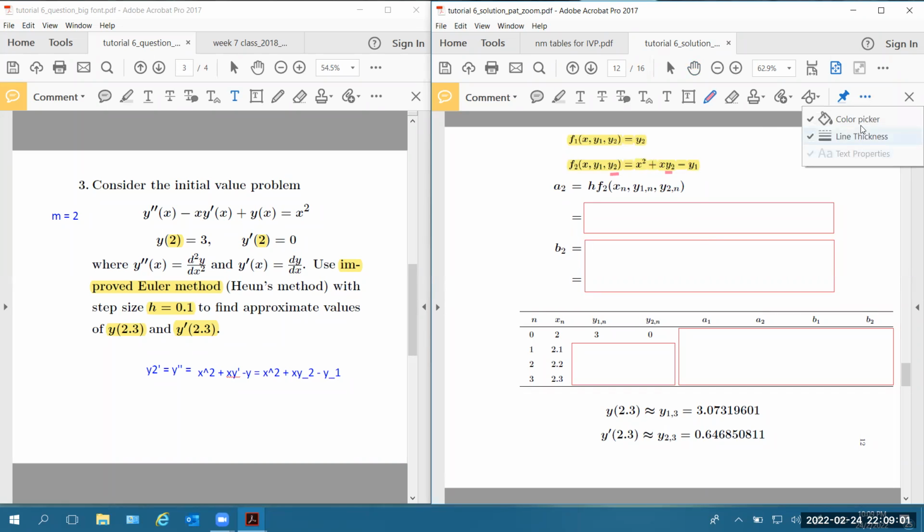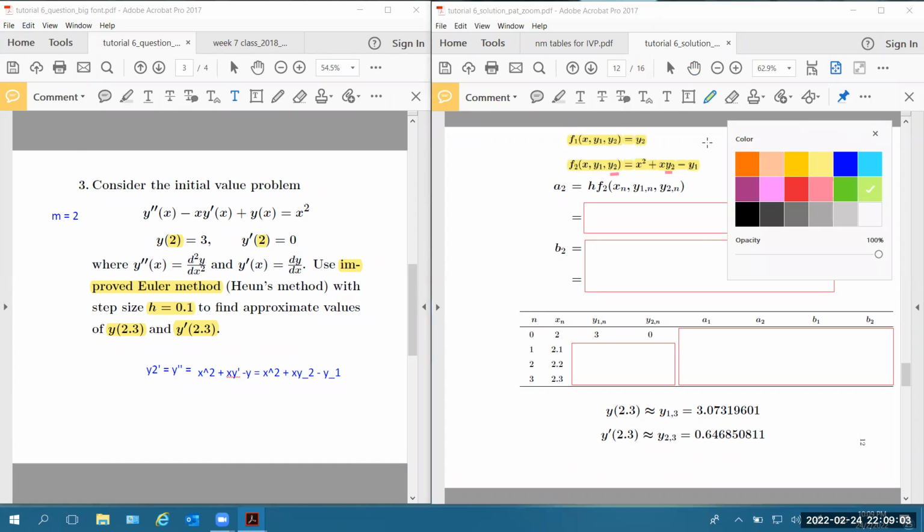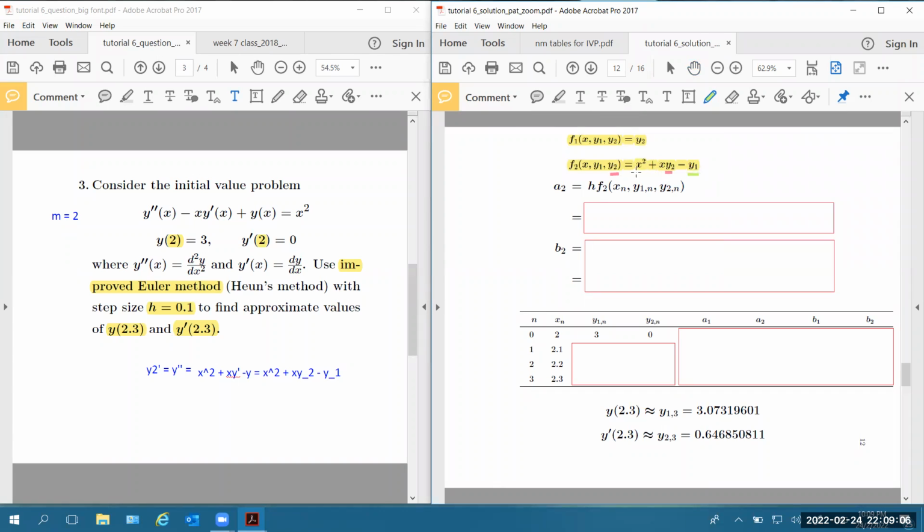Y1 is actually the middle one, right? So you see, this is how it works. If you follow this, you just get your xn squared, plus your xn times y2n, minus your y1n. I hope it's okay for you.